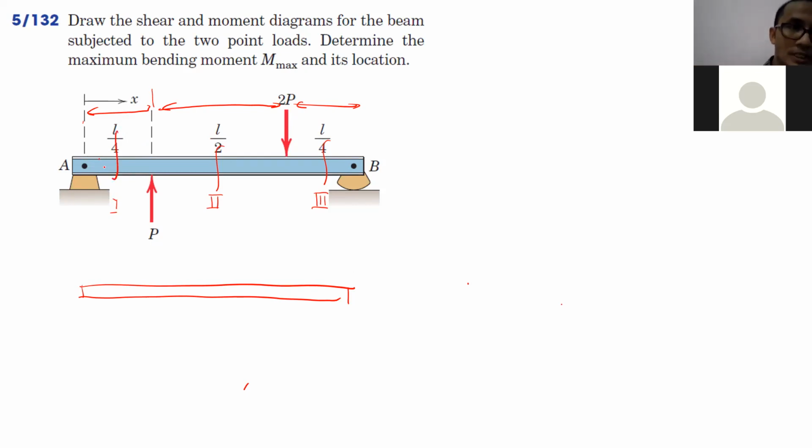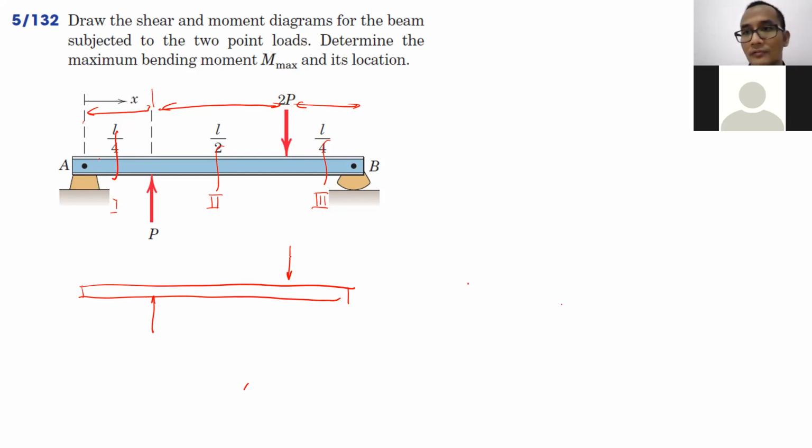Okay, but for this particular problem, it's actually simpler than that because there is no distributed force. We only consider the forces at P and 2P. At the beginning, as I told Irsyad Nabil just now, of course we have to start with solving for the external forces.